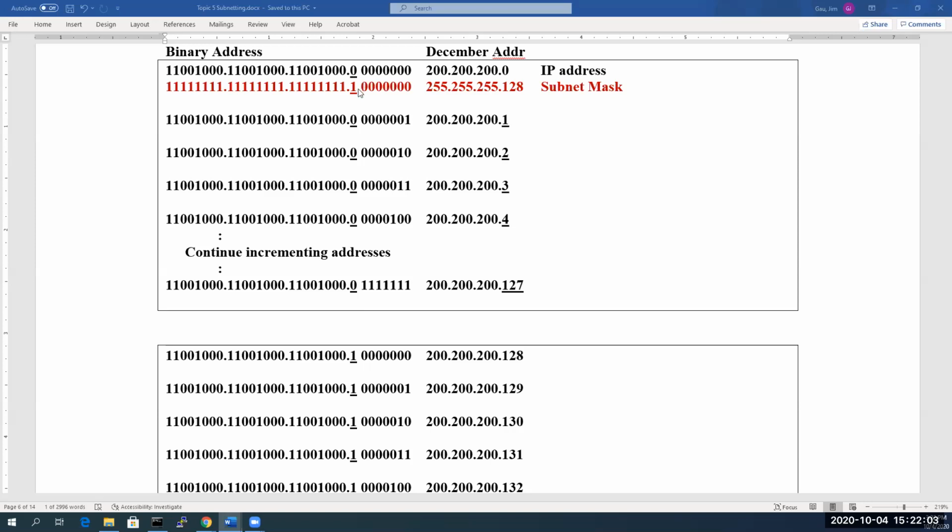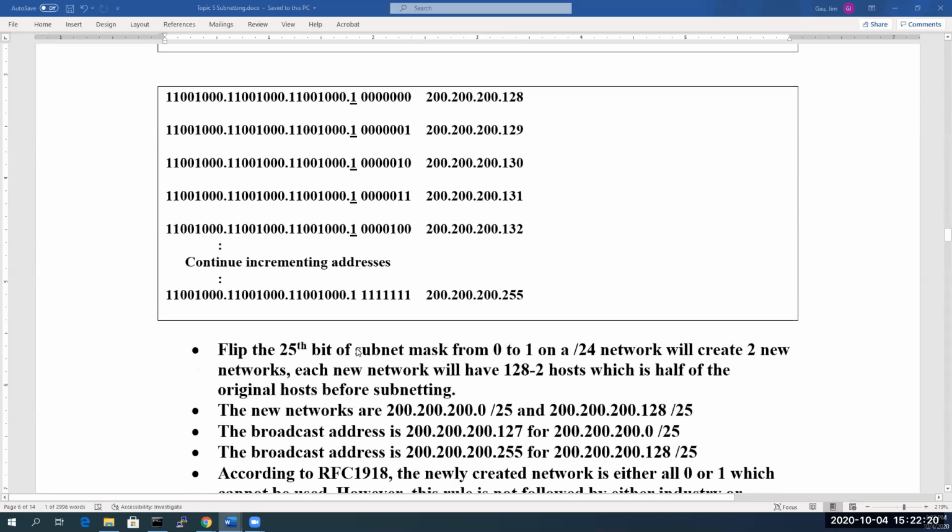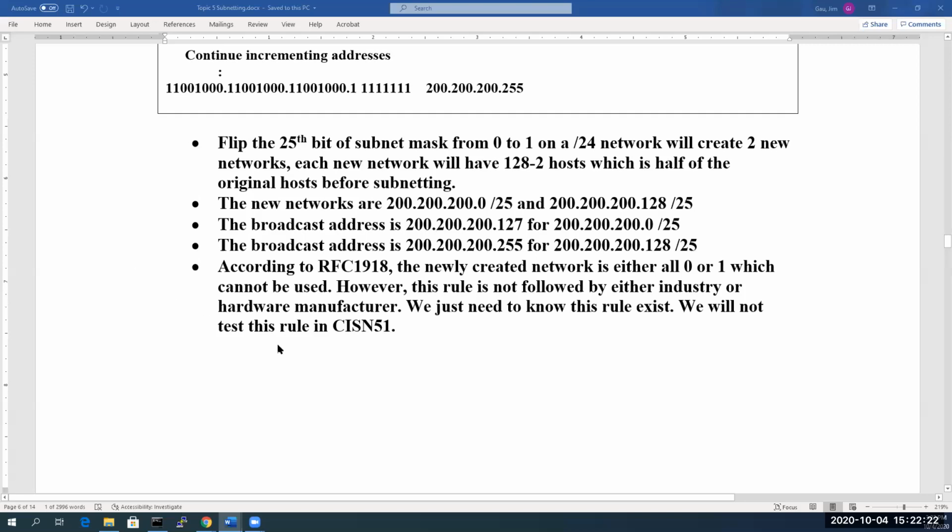So this is separated out. This is the network, and this is the host. Therefore, this network 0 that's created is no longer on the same street. We actually successfully divided into 2 networks, and each network has half of the houses. Okay, so that's the summary of what we have talked about, all right?